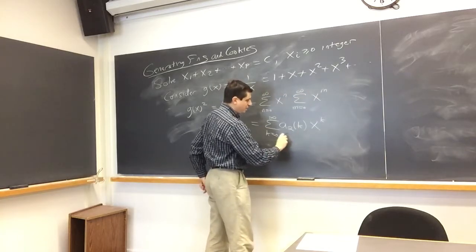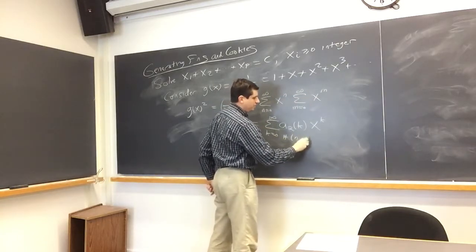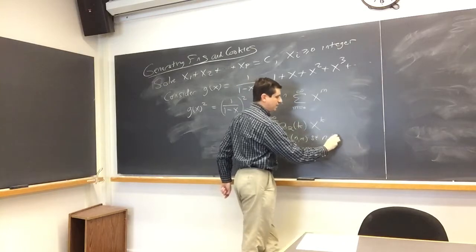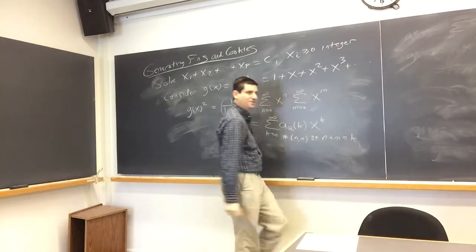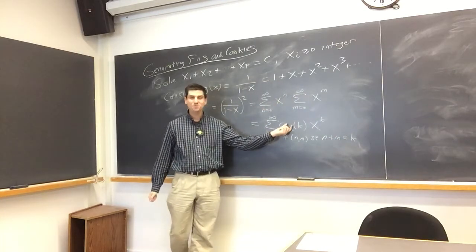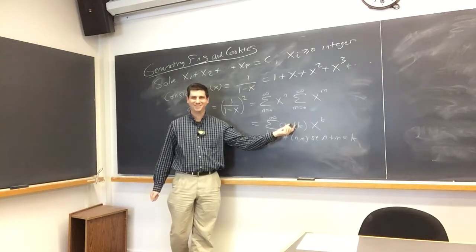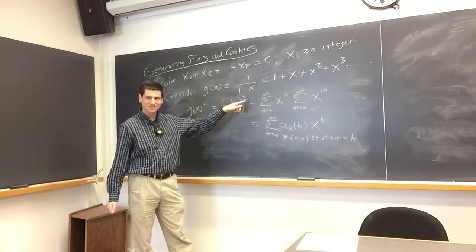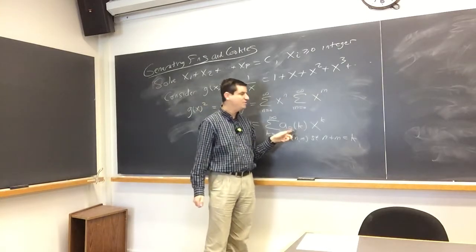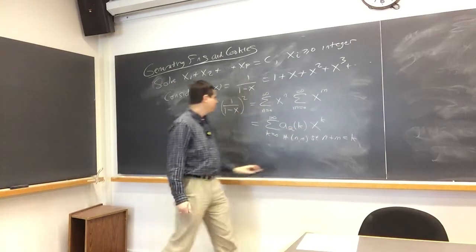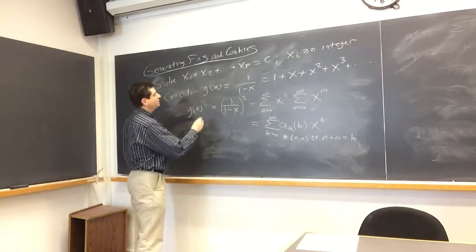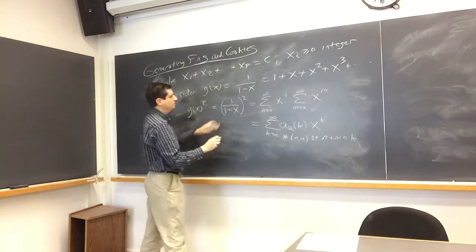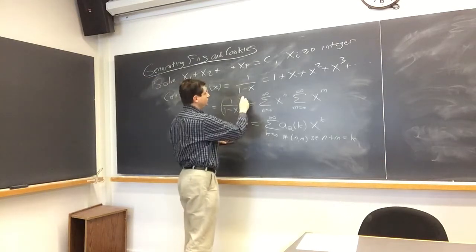So this is the number of pairs n, m such that n plus m equals k. That's the cookie problem. If I were to do this cubed, I would have 3 terms. I would have an a sub 3k. Or more generally, if I do this to the pth power, now I want to use better notation.